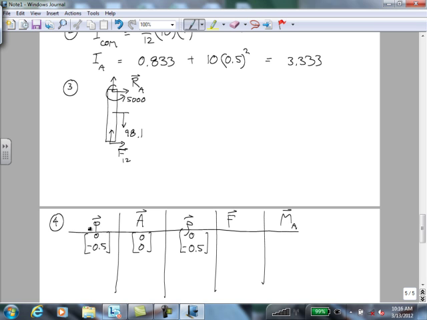What's the force vector? Yep. What's the cross product? This minus this? Zero minus 0, 0. And that makes sense, right?